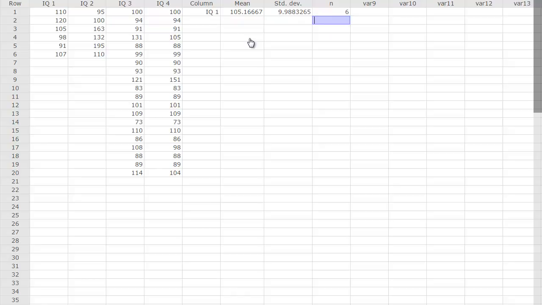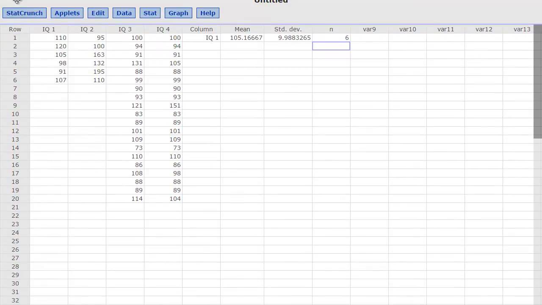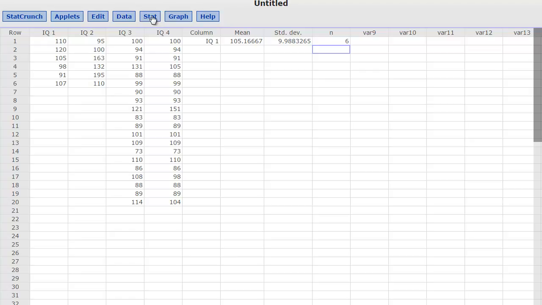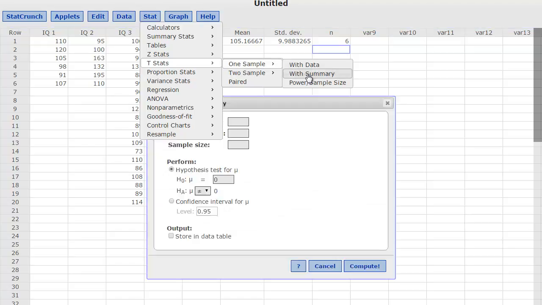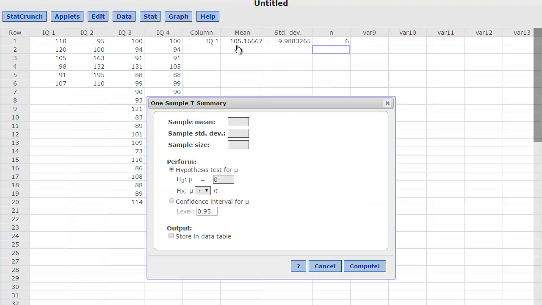So what I'm going to do is go to Stat, and I'm going to go down to my t-stats, because remember, we only have S, not sigma. And I'm going to go over to one sample because I only have one small sample here. With this one, I'm going to use with summary because I actually have the summary of the mean, the standard deviation, and the sample size.